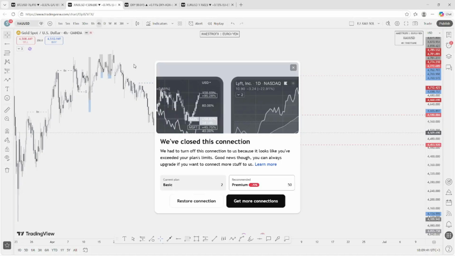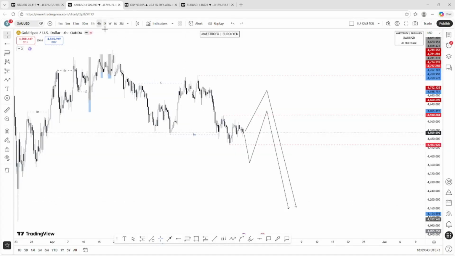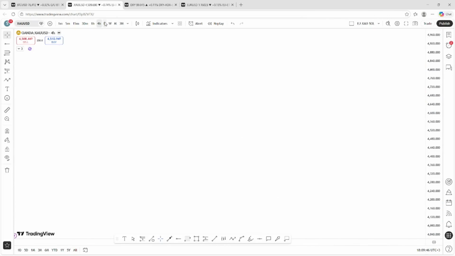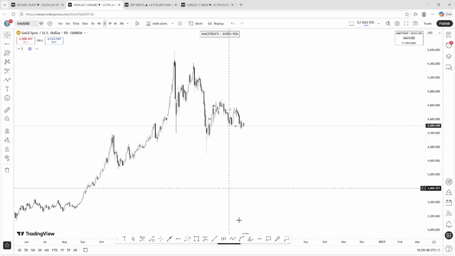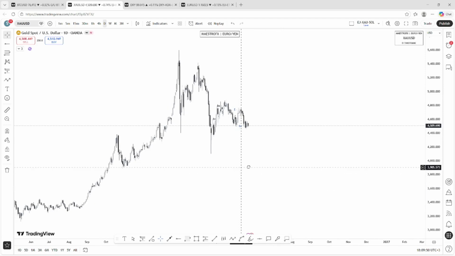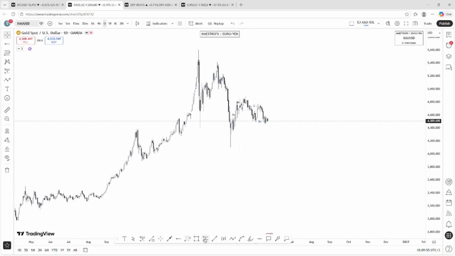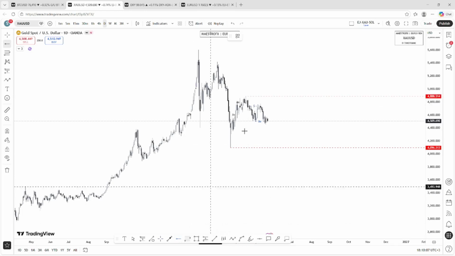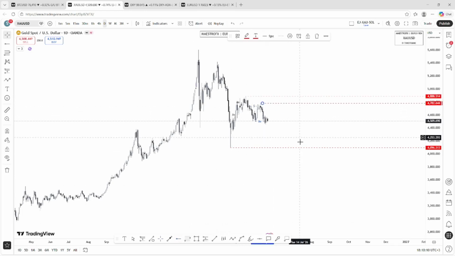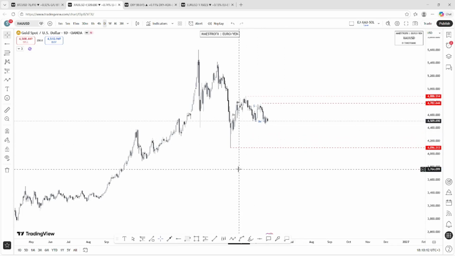Last but not least, let's check gold. Let's check what it has been doing and probably anticipate where it will be. On the daily time frame, we can see that price has shifted to the downside. And currently we have these significant levels.